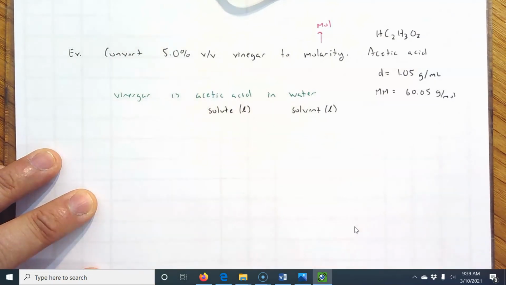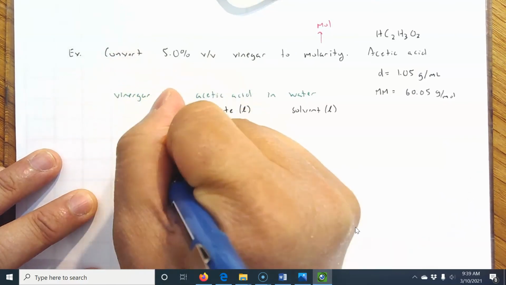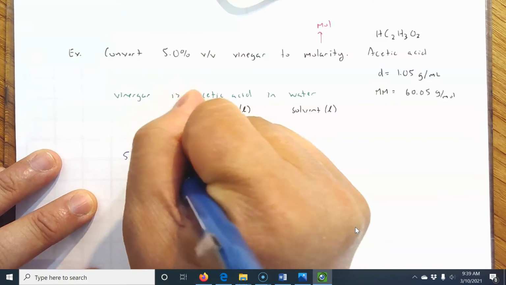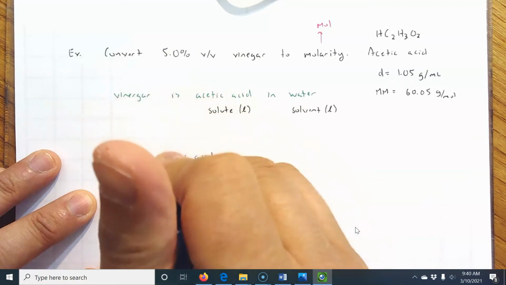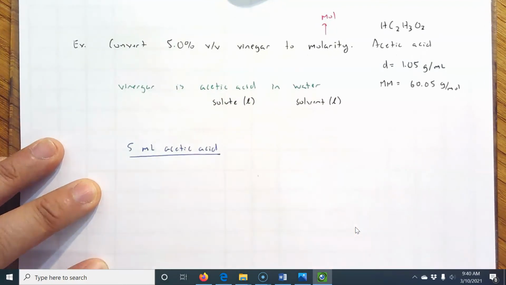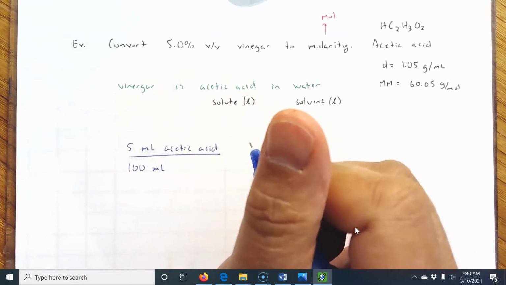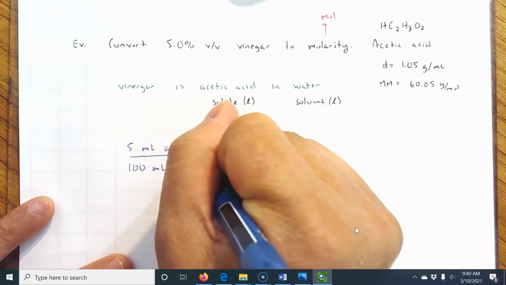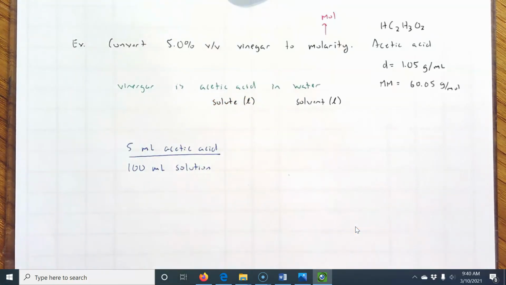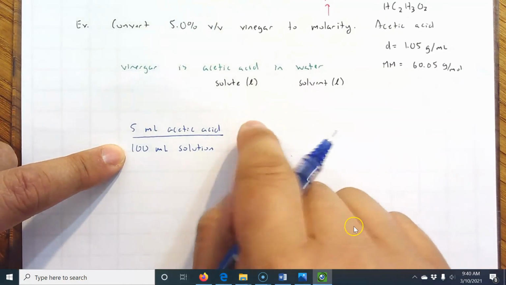So if it's 5%, we know that we have 5 milliliters of acetic acid over total volume, 100 milliliters of solution. That's water and acetic acid. Isn't that 5%? 5 divided by 100 times 100% is 5%.